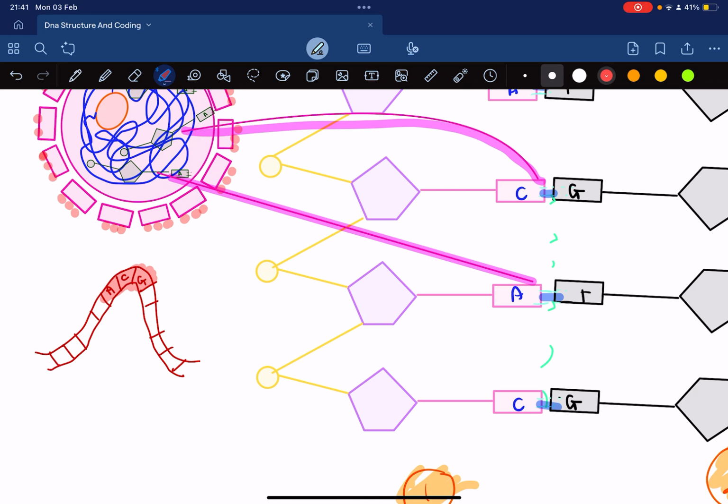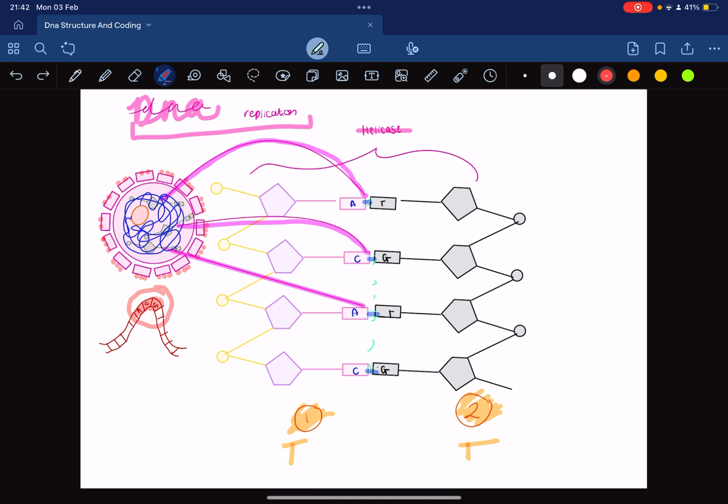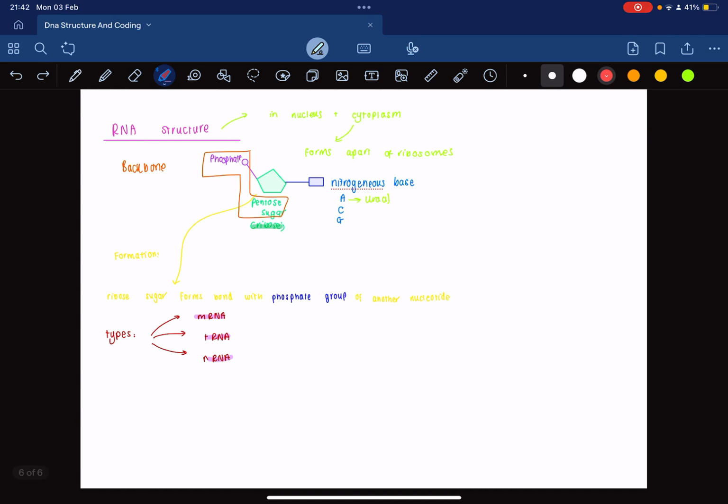It plays an incredibly important role in protein synthesis. What this anticodon does is pick up amino acids in the cytoplasm and take them to ribosomes, which is why it's known as a transfer molecule. Finally, we have ribosomal RNA, which essentially just forms a part of the ribosome in the cytoplasm.